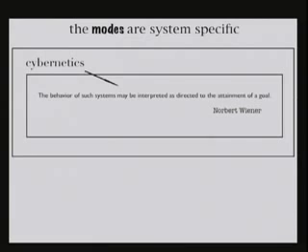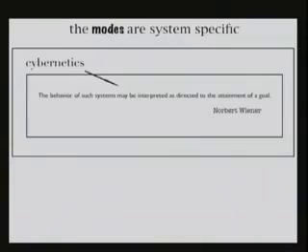But something I think is relevant for what we're talking about right now is he says the behavior of such systems may be interpreted as directed to the attainment of a goal. So when people are saying, how am I going to find these modes? I've just constructed this big complex machine with a lot of moving parts in it. How do I know what the modes are? Maybe these modes were designed to do something, and maybe they're just simply trying to do that. So it's kind of a pointer on what path to take.